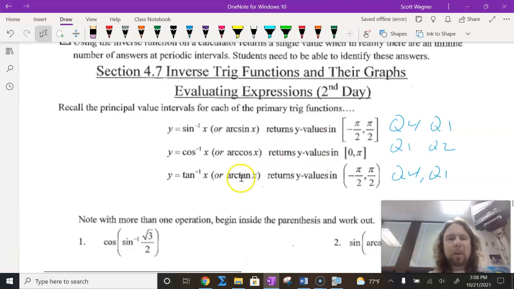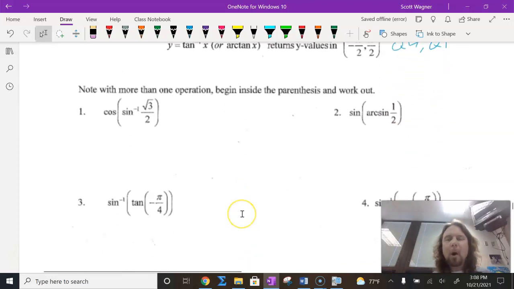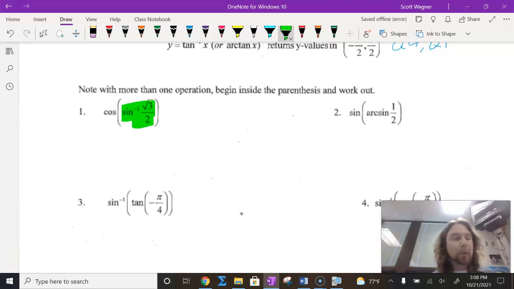With something that might look a little bit more complex, always start inside the innermost parentheses and then work your way out. Inside the innermost parentheses, we have the inverse sine of root 3 over 2.